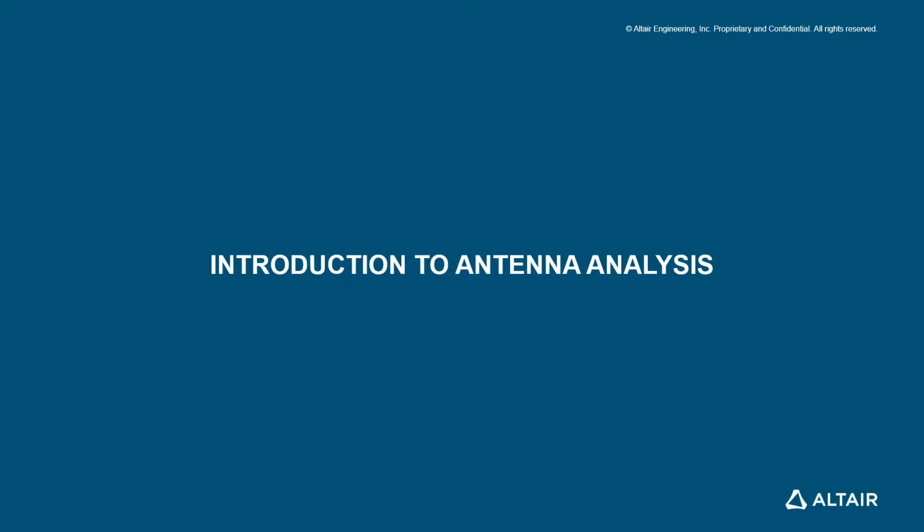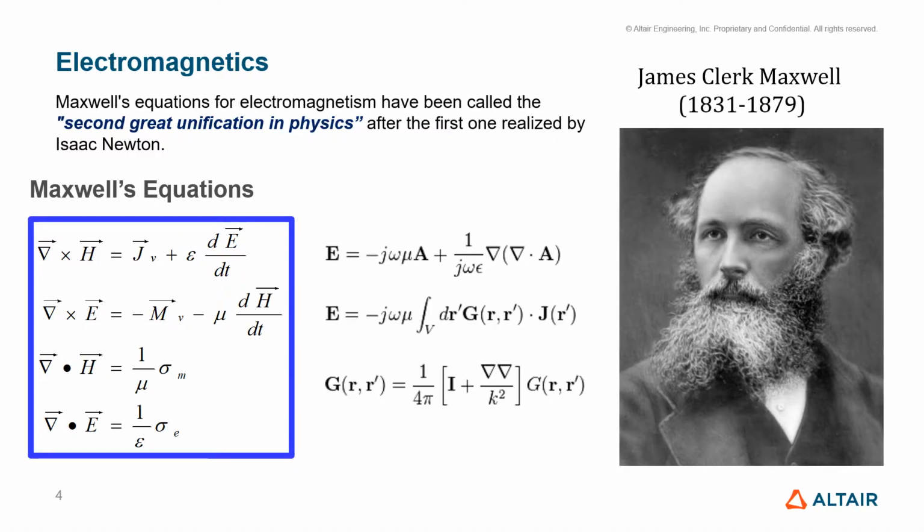Let's take a brief look at the antenna analysis, how it is normally done, and then go to the simulation modeling soon after that. Antenna analysis starts with the analysis of electromagnetics, the electric field and magnetic field that we're showing here that need to be solved.